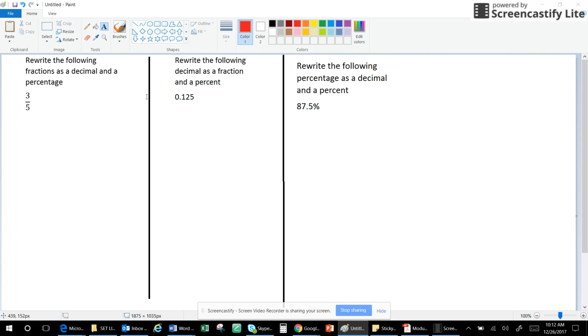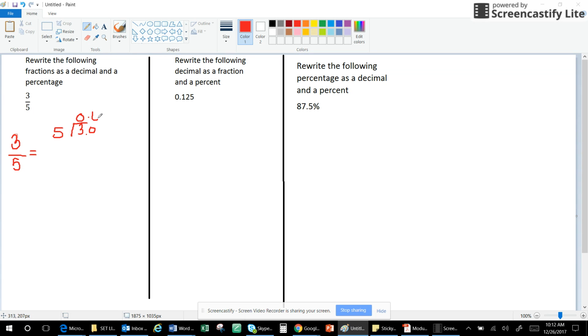Okay, so to do this first as a decimal, and let me get my pen a little bit bigger here, we get 3 divided by 5, or 3/5. And all you need to do is the actual division. Now you can do this by longhand and say, okay, 5 goes into 3 0 times, create the decimal point, the 0, 5 goes into 36 times.